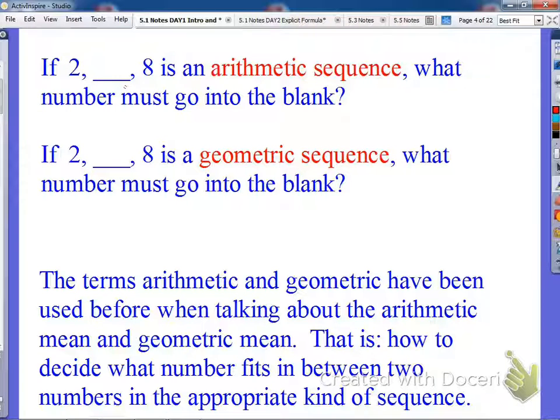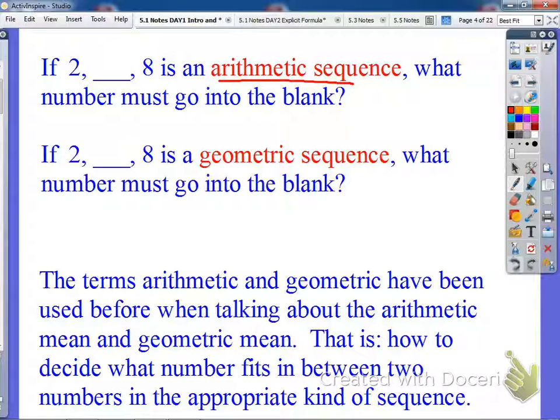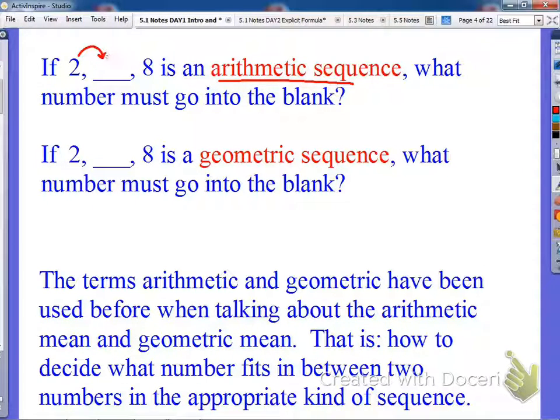It's an arithmetic sequence. Here's what you do. If it's arithmetic, then you're going to add something to get this value. And whatever that thing is that you add, you're going to add it again to get this. Now, I have a trick for doing that. My trick is to take 8 minus 2.